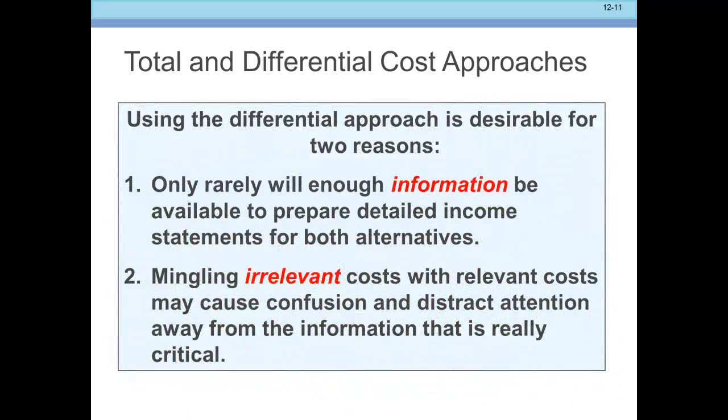We prefer to use the differential approach because, for one, it's usually hard to get all the information to prepare the detailed statements of both alternatives. Also, by mingling irrelevant costs with relevant costs, we might cause confusion and distract attention away from what is really important.